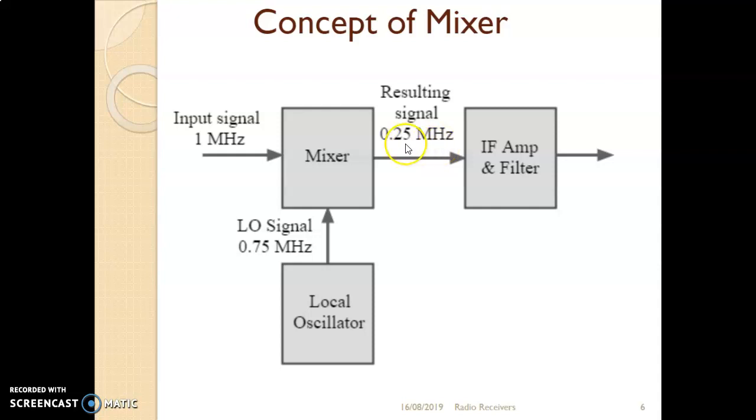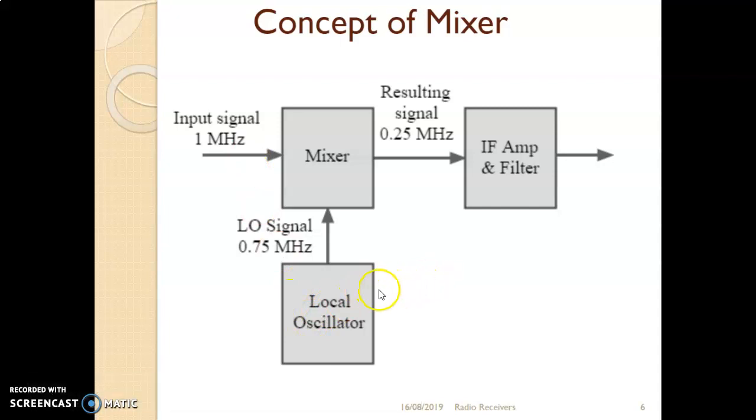Why is it called intermediate? Because you can see the value of this frequency falls below both RF and the local oscillator frequency, and that is why this is called the intermediate frequency or the difference frequency. And this is the third notation which will be frequently used throughout the chapter. One is RF, the incoming radio frequency.